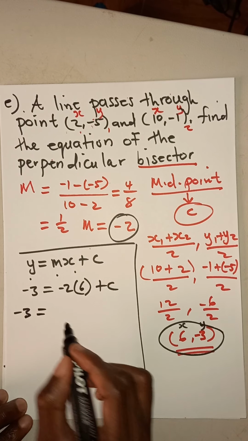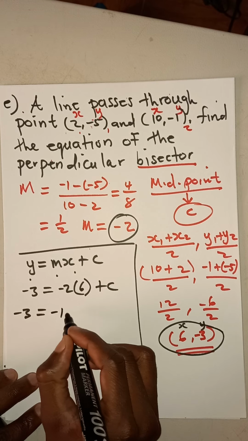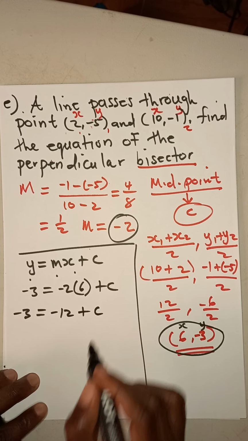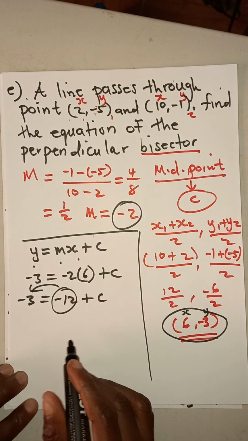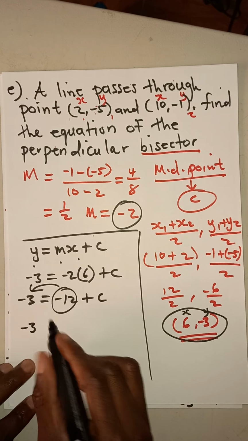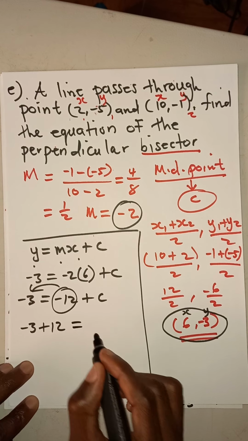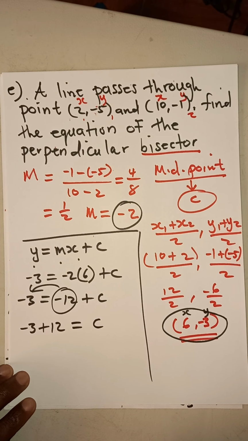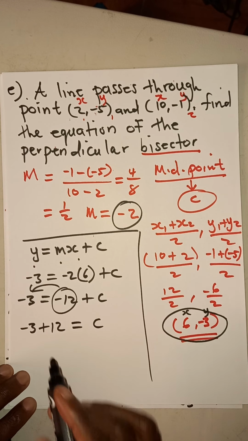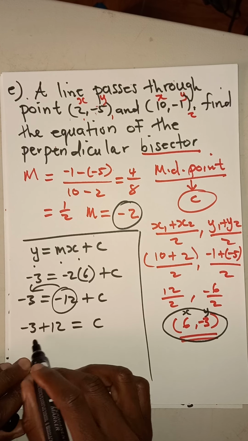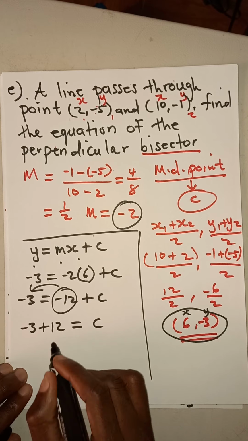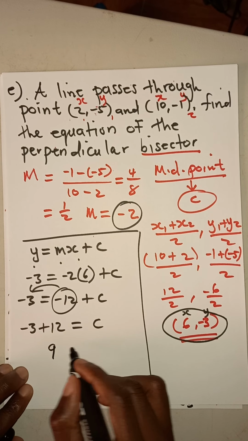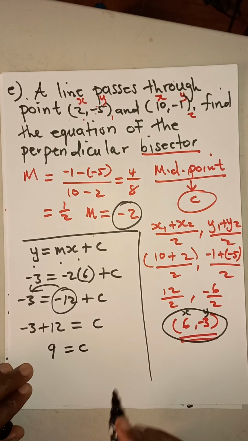So -3 equals, when we multiply, this gives us -12 plus c. If this -12 crosses the equal sign, then we are going to have -3 plus 12, which gives us the value of c. So when we add them, this will give us +9, which equals c.